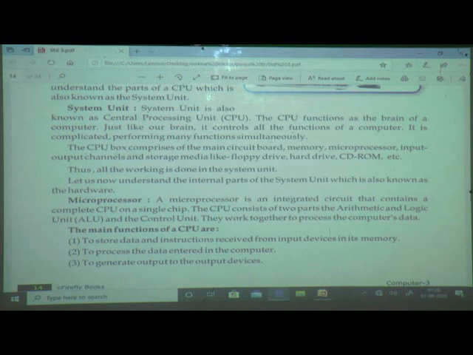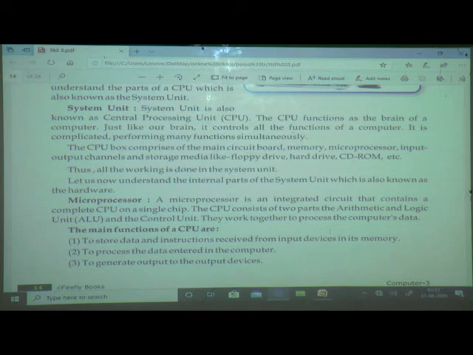The CPU box comprises the main circuit board, memory, microprocessor, input and output channels, and storage media like floppy disk, hard drive, and CD-ROM. What is the CPU having?